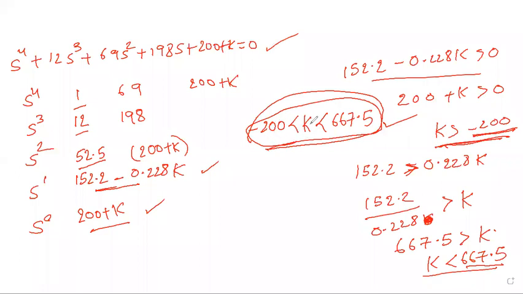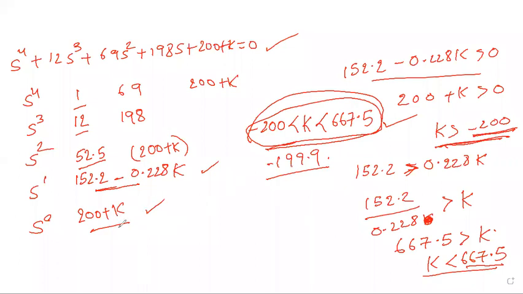Other than these values, K must be greater than minus 200. Greater than minus 200 means minus 199.9. Which one is more, minus 199.9 or minus 200? Minus 199.9.